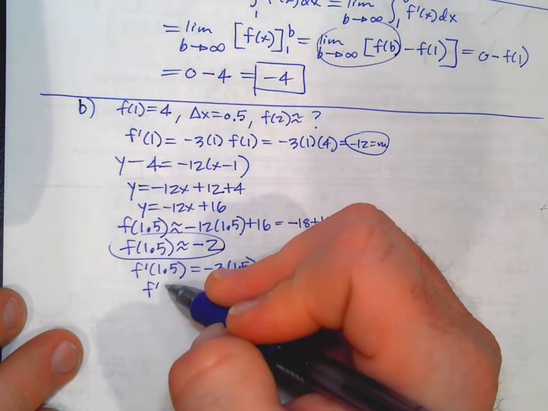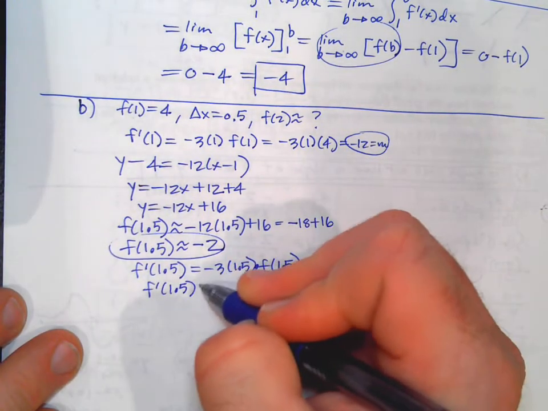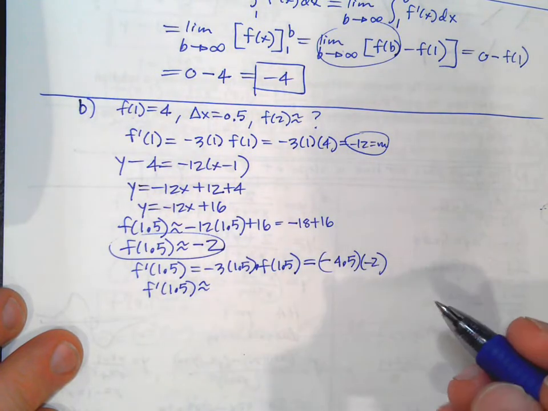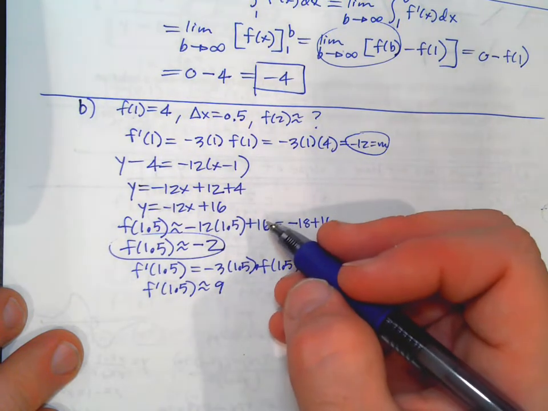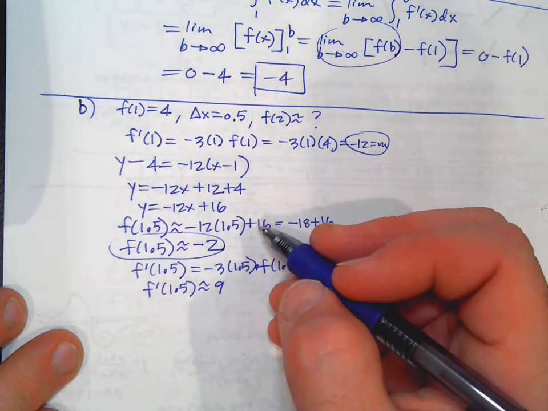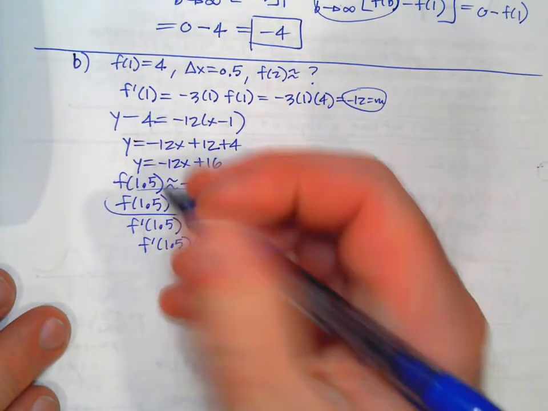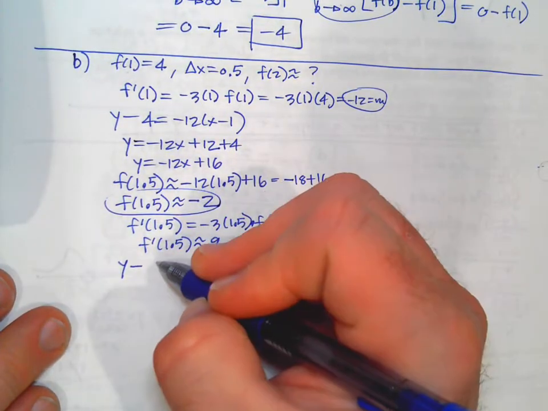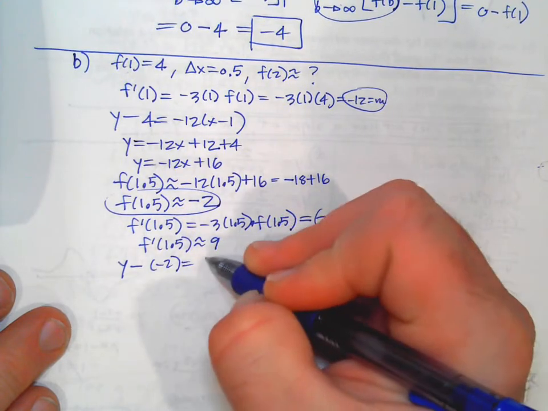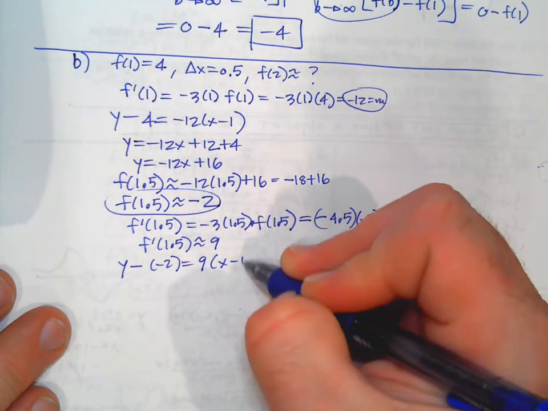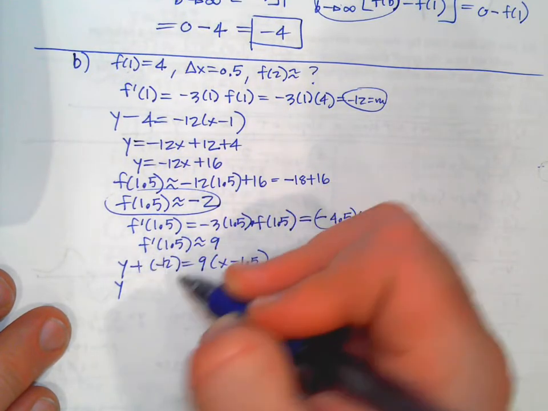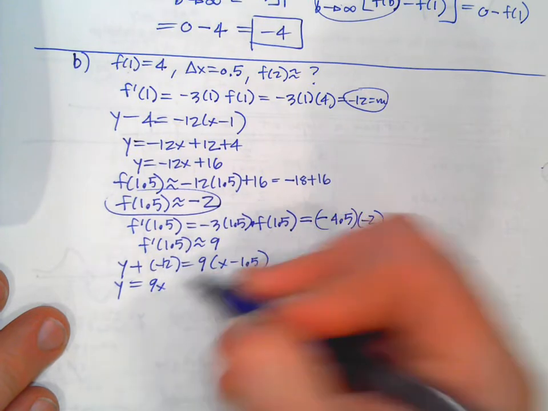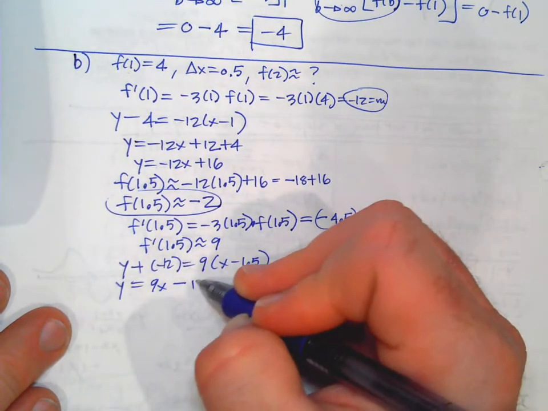So f of 1.5, and this is an approximation, is negative 2, so the slope is positive 9. So y minus negative 2 equals 9 times x minus 1.5, y equals 9x minus 13.5.